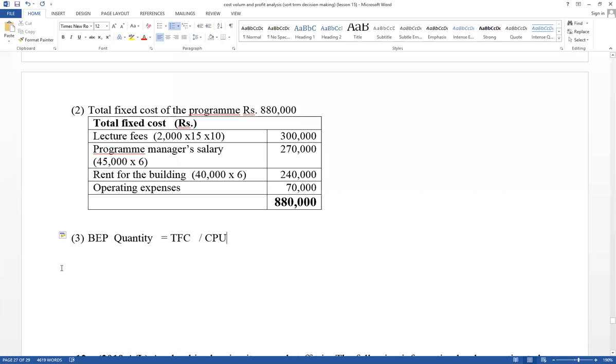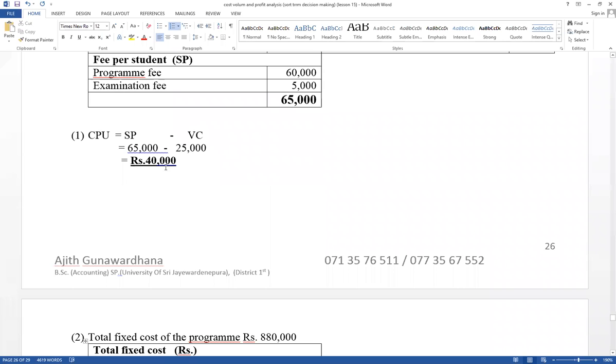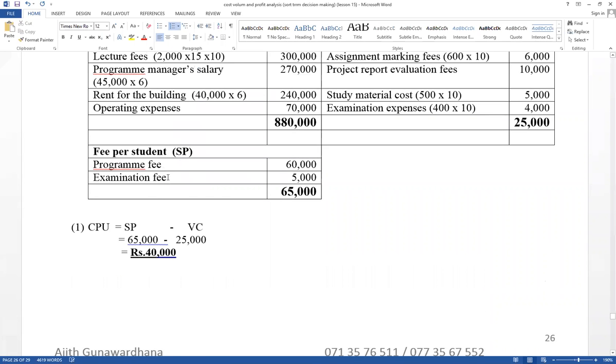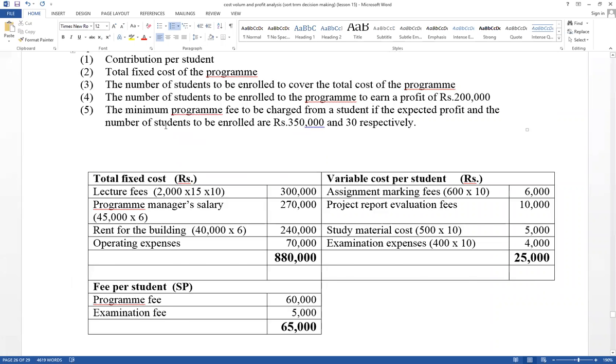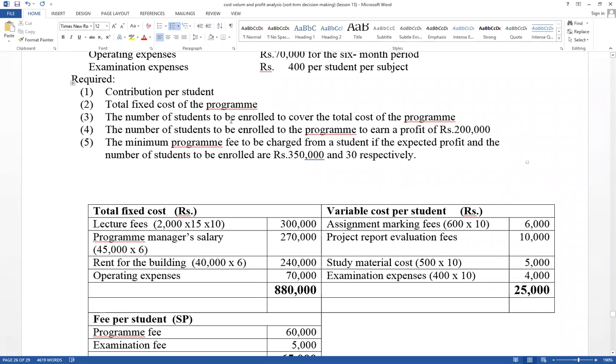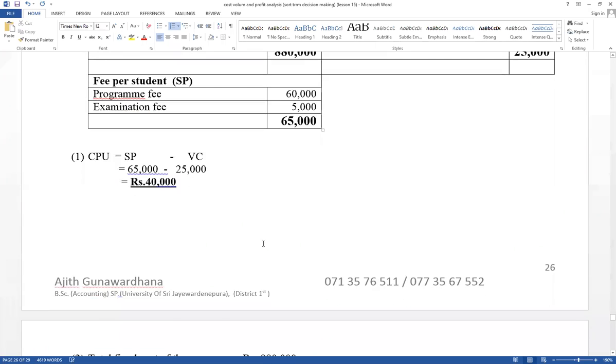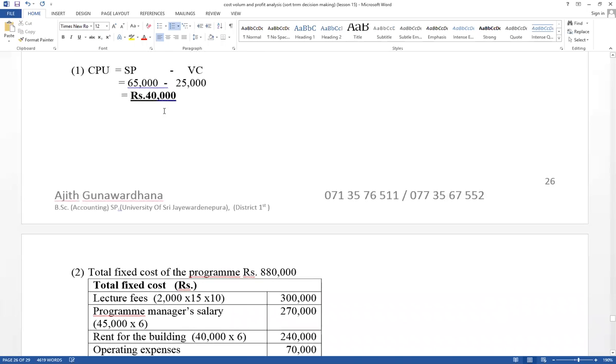Total fixed cost is already calculated and contribution per unit is also calculated. They asked for the number of students to be enrolled to cover the total cost of the program. To cover the total cost means break-even point, number of students, that is a quantity.